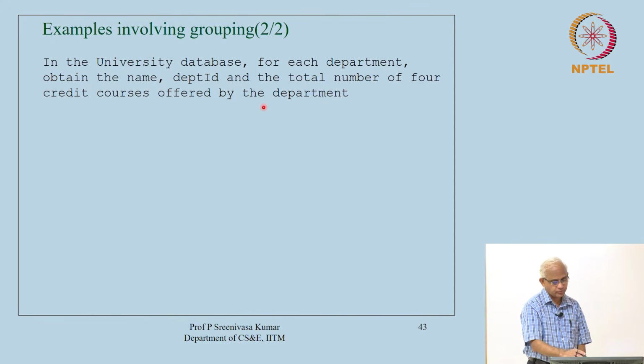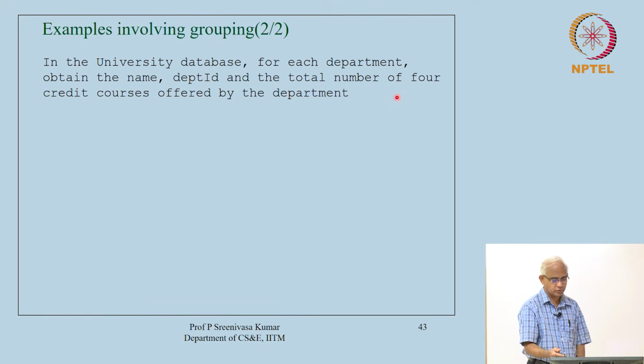Now, you can see where the data is coming from. You want department name and department ID, so the department relation has to be used. The information about the number of credits for the course is in the course table.